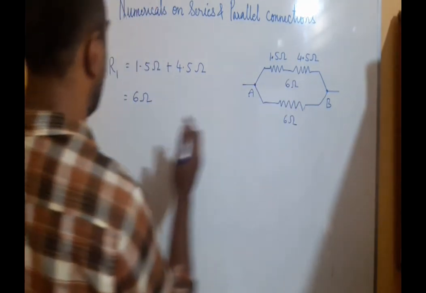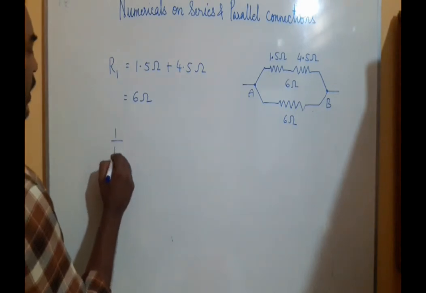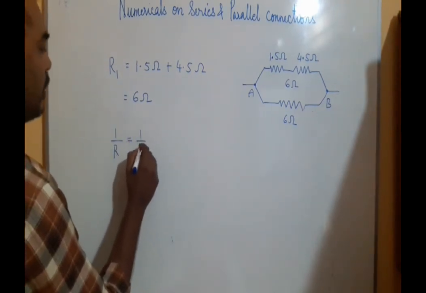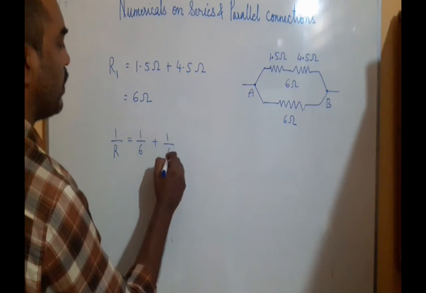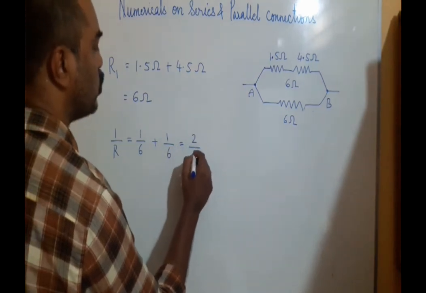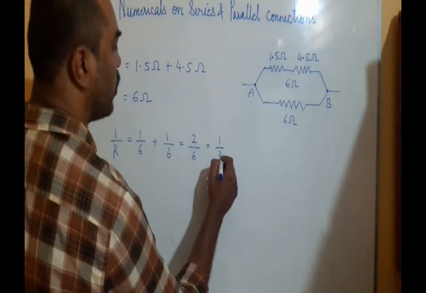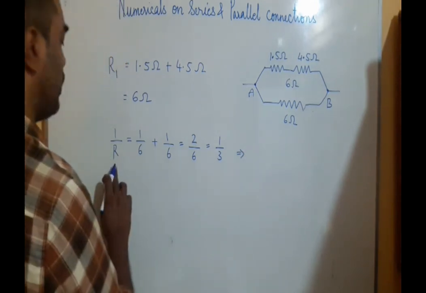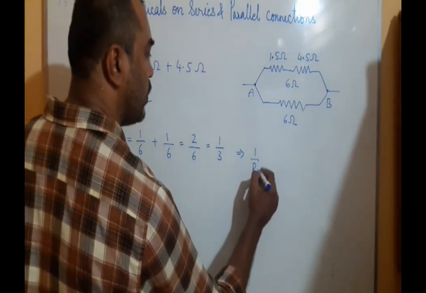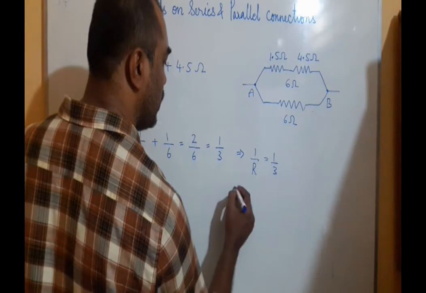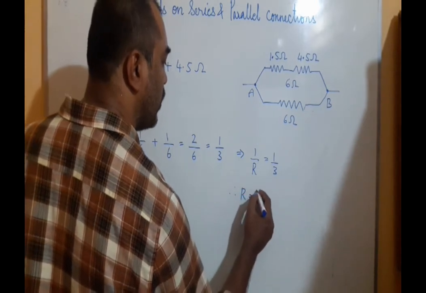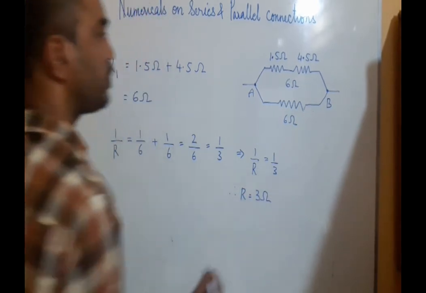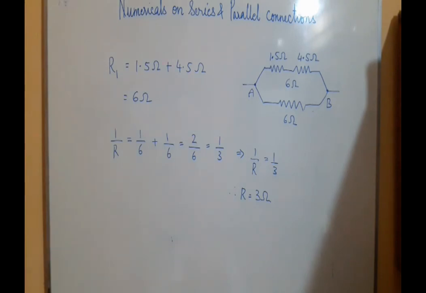So for parallel connection we have 1 upon R equal to 1 upon 6 plus 1 upon 6, which is 2 upon 6 or 1 upon 3, therefore R equal to 3 ohm. So the equivalent resistance of this whole circuit is 3 ohm.